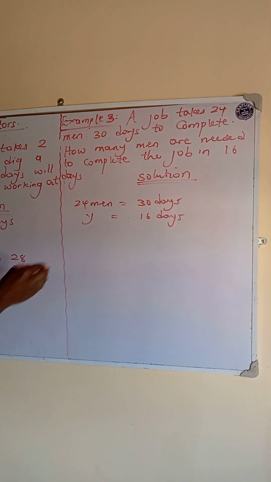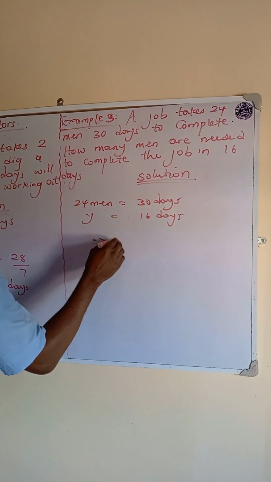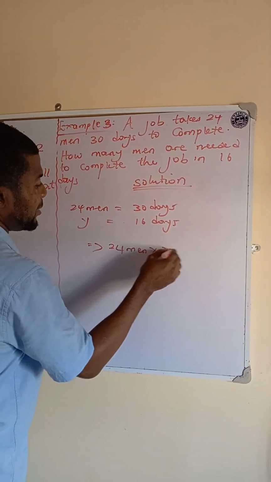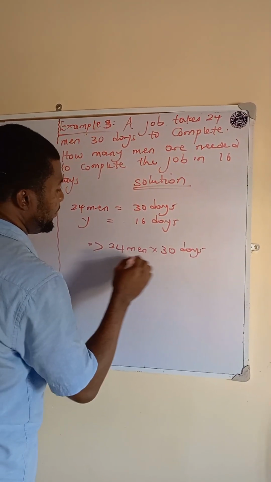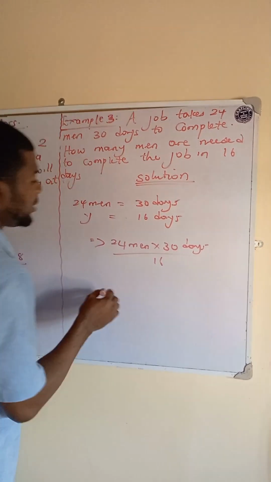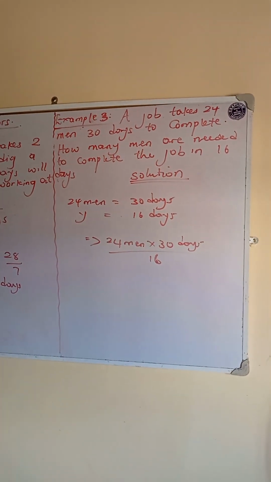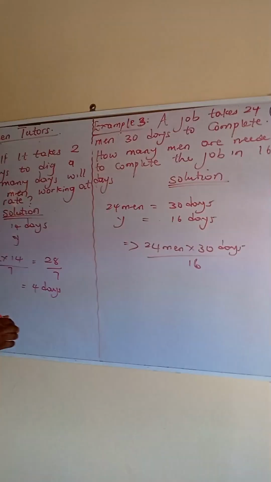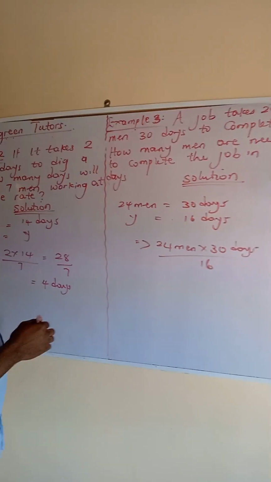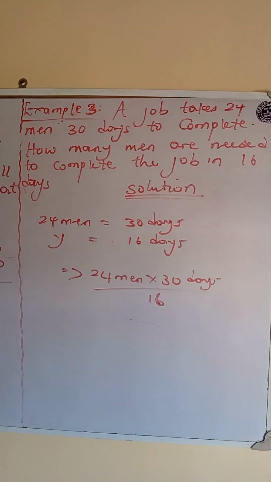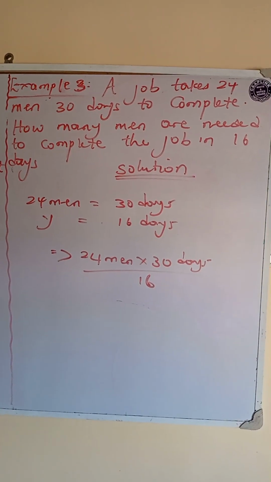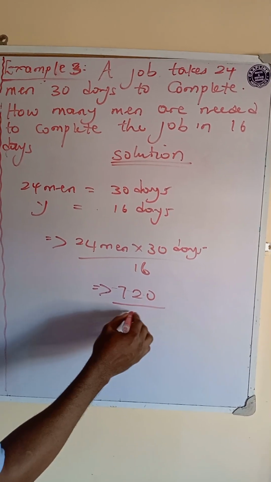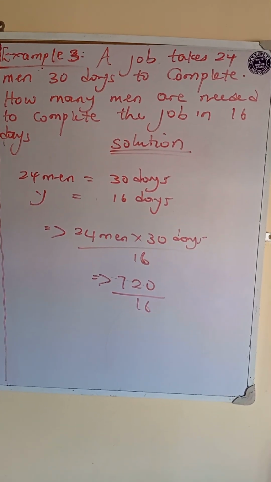The same rule we apply. It's going to be 24 men multiplied by 30 days divided by what? 16. All right, 24 multiplied by 30 will give me 720 divided by 16.